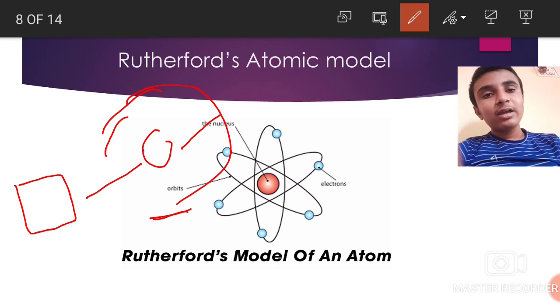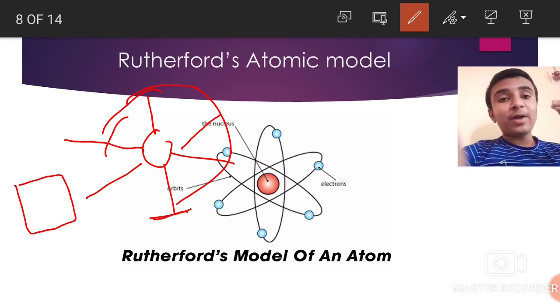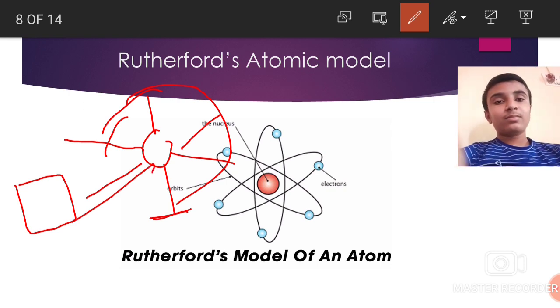Some collided and changed their direction like this, and some came directly backwards from the direction they came.